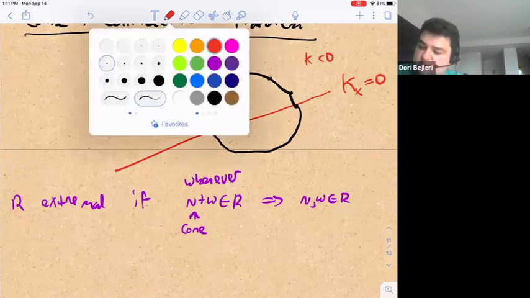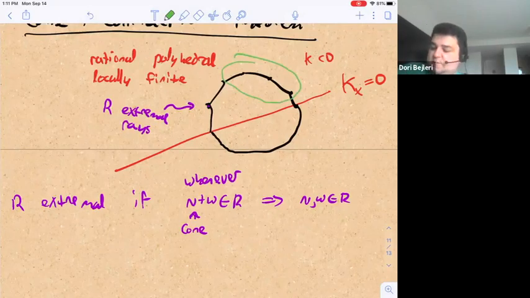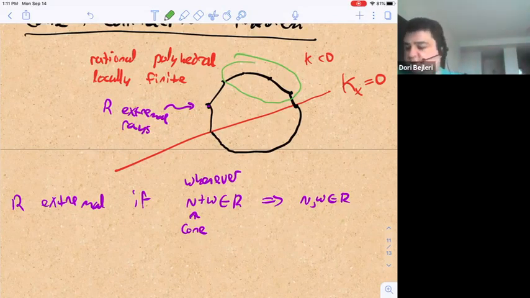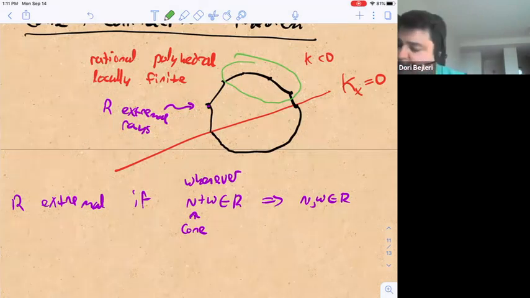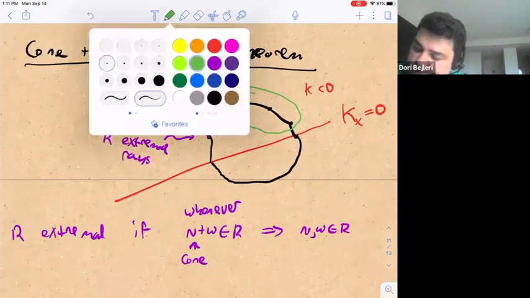Anytime you pick some open subset that's strictly on the K less than 0 piece, then within that open subset, you just get a finite rational polyhedral piece of your cone. So the only way you can have infinitely many extremal rays is if they accumulate toward K equals 0. So this is the big structure theorem about the cone of curves.